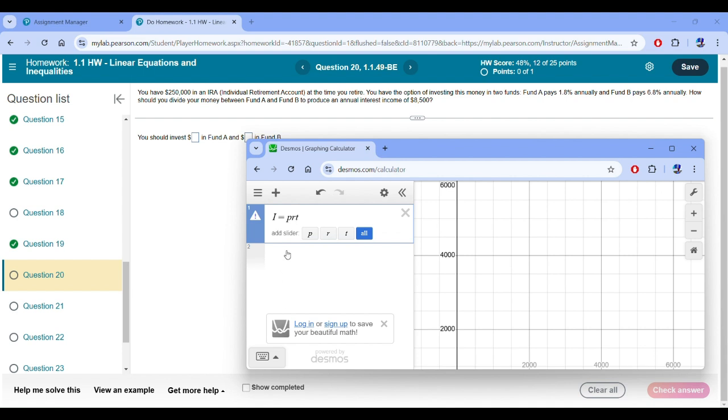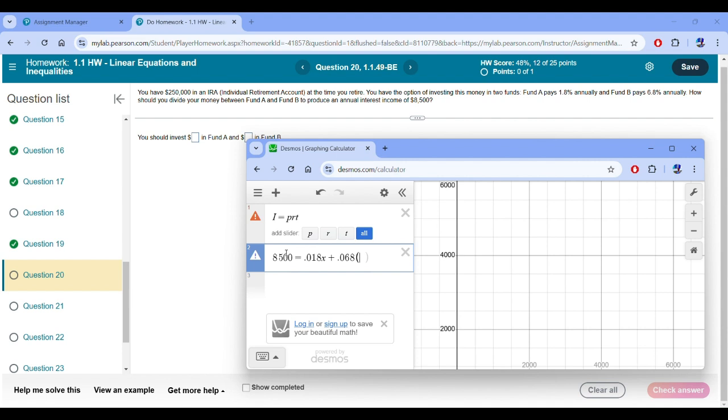So the way that I'm going to work this out is I'm going to say that I want $8,500 to come from 1.8, which is 0.018x plus, and here because t is 1 year, I'm going to leave t as 1, plus 0.068.